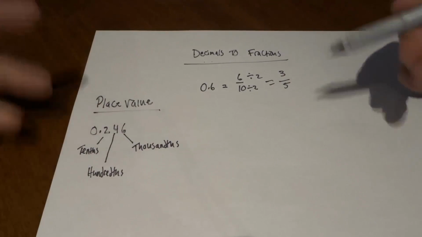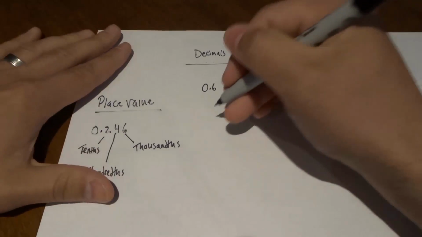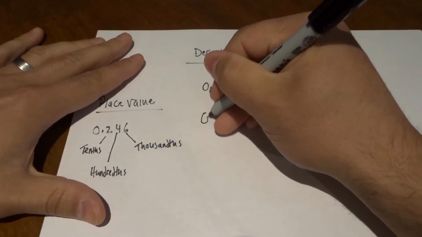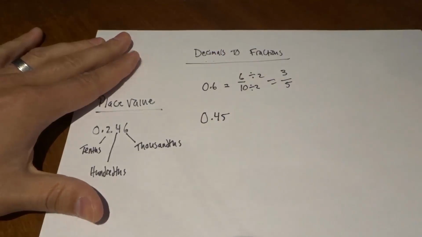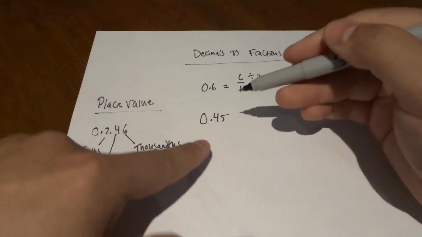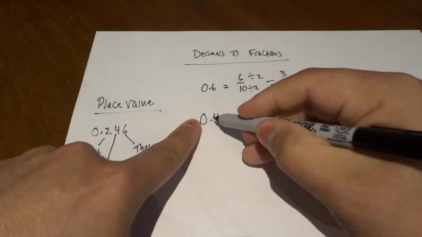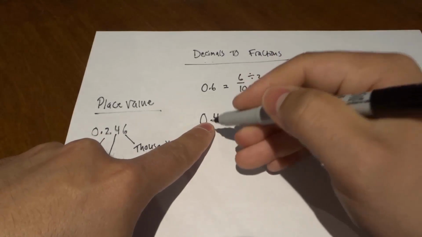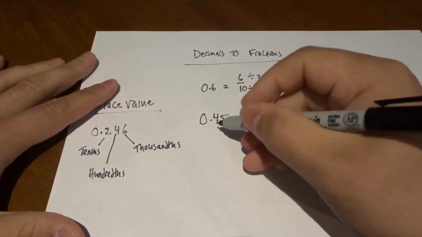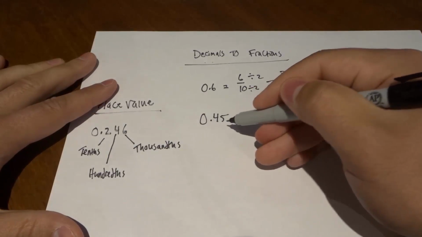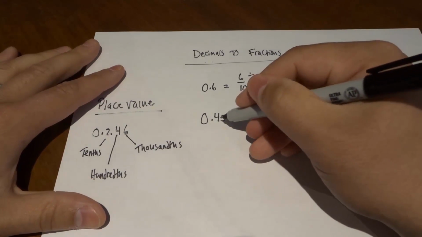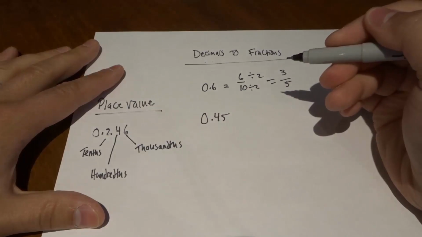Now I'm going to show you another example. Let's say we had a decimal like 0.45. Once again, we're going to start off by looking at the decimal, and we're going to count how many spaces after the decimal we have numbers in. So with 0.45, we can see to the right of the decimal we have 2 numbers.